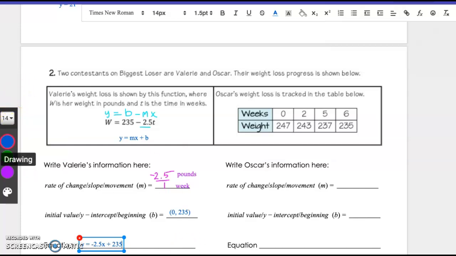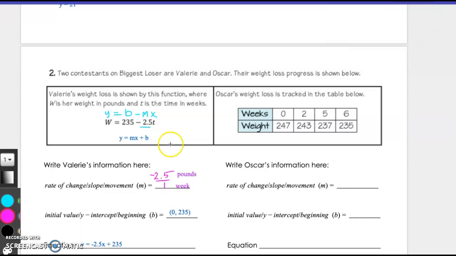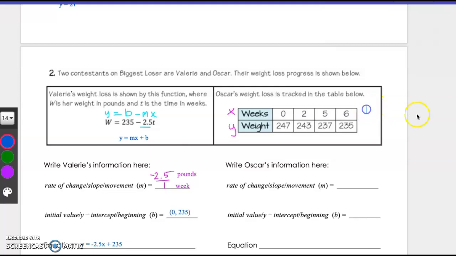Let's talk through Oscar. We're given a table, and remember with tables, this is x and then y. Oscar's weight loss is tracked in the table below. It's kind of funky. We have to pay a little bit of attention to it. Let's find our change in y. Let me write that out.